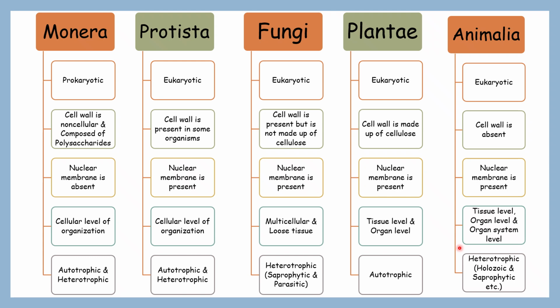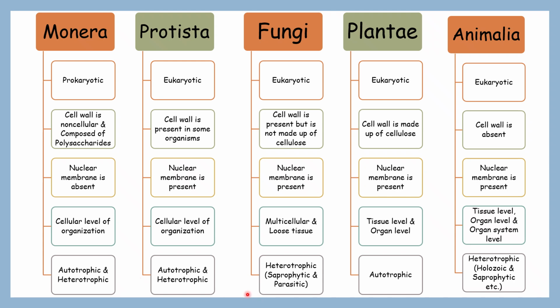Coming to the last comparative character, that is mode of nutrition. Kingdom Monera exhibits autotrophic as well as heterotrophic nutrition. Kingdom Protista also exhibits autotrophic and heterotrophic nutrition.